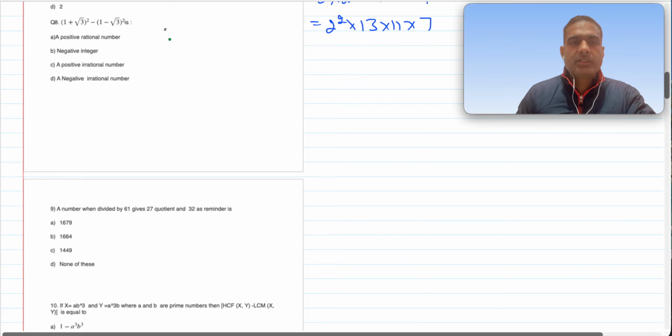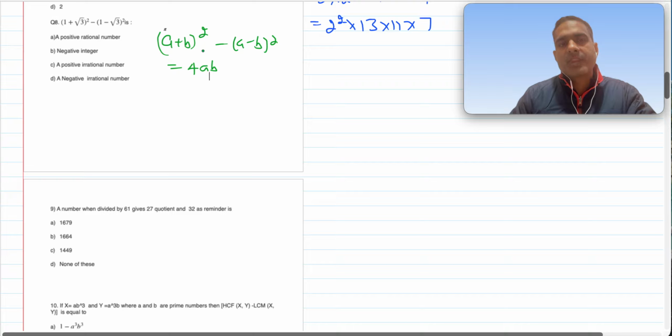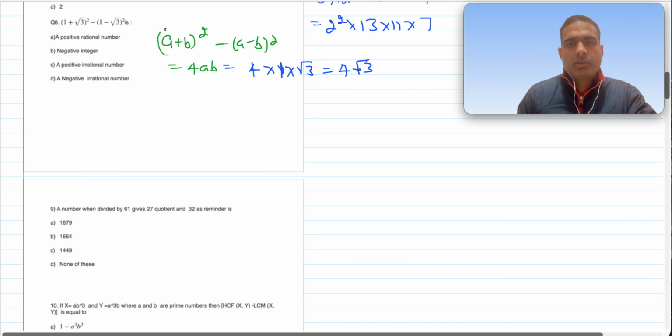So this is equal to 4ab. Now if we solve this according to this question, in place of a we have 1, in place of b we have root 3. So that will be equal to 4 times 1 times root 3, that is 4 root 3.